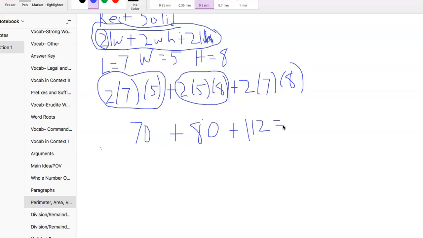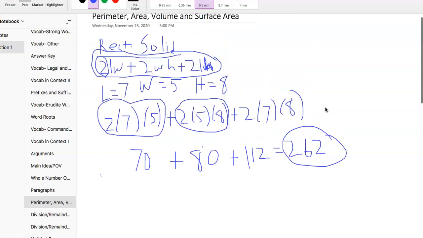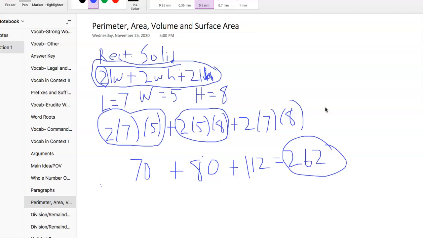Those are our 3 numbers. We add these 3 up. The surface area of this rectangular solid, where the length is 7, the width is 5, the height is 8, is 262.